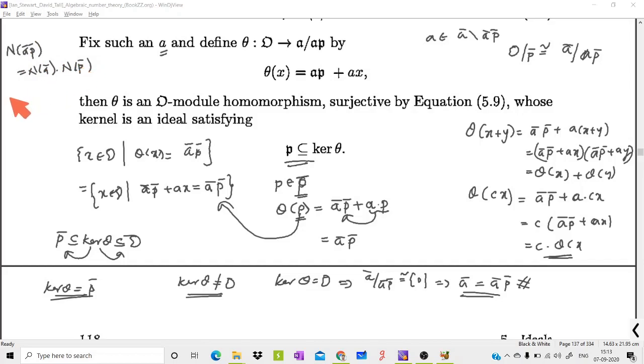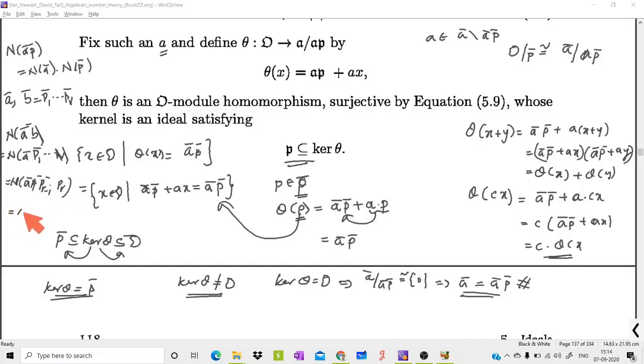Now if you consider two arbitrary ideals A and B, this B can be factored as P1 into etc. PR. Now we can say that N of AB is equal to N of A into P1 etc. PR. So this can be written as N of A into P1 P2 etc. P(R minus 1) into PR.